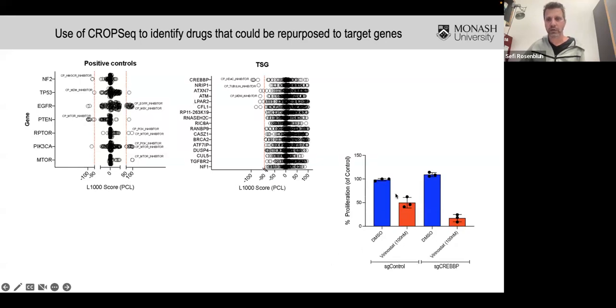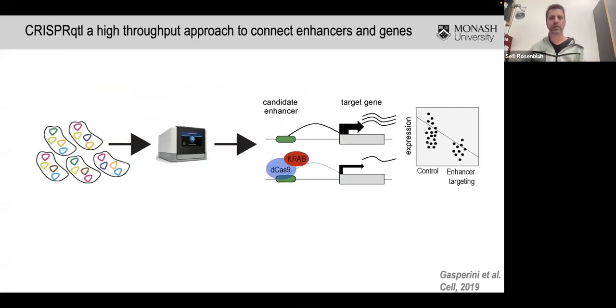And then an interesting one that we found is knockdown of CREBBP, which was correlated with vorinostat, an HDAC inhibitor, and we could validate that very nicely: when you knock out this gene, cells become sensitive to vorinostat. So this is a way to at least try to connect genes and compounds. The other thing that we have used CropSeq quite a bit for is making this connection between gene enhancers and target genes.